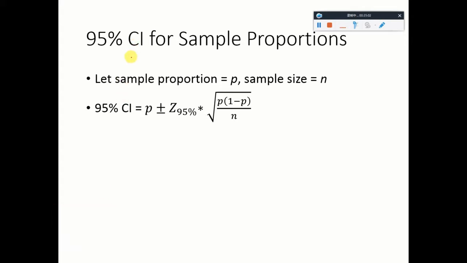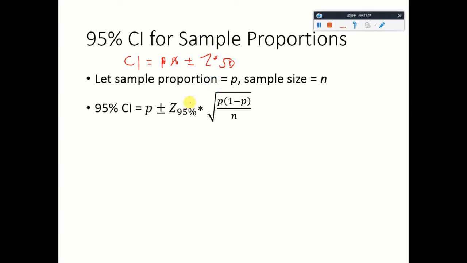Because the general formula for a confidence interval is the point estimate, let's use x. The point estimate could be the sample mean, could be the sample proportion, plus or minus z, whose value is to be chosen, times the standard deviation or standard error of the point estimate.